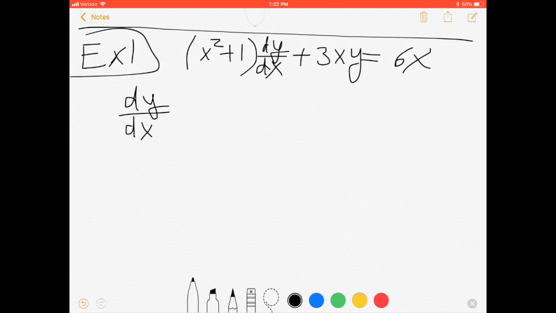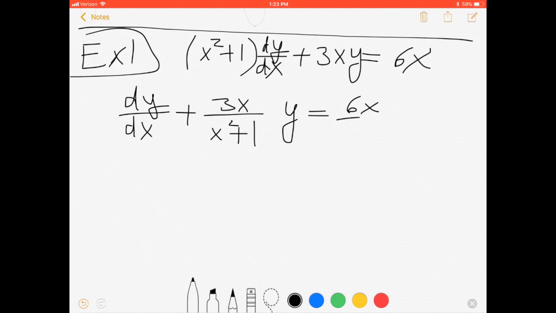This means dy/dx plus 3x over (x squared plus 1) times y equals 6x over (x squared plus 1). This part will be our function p(x).